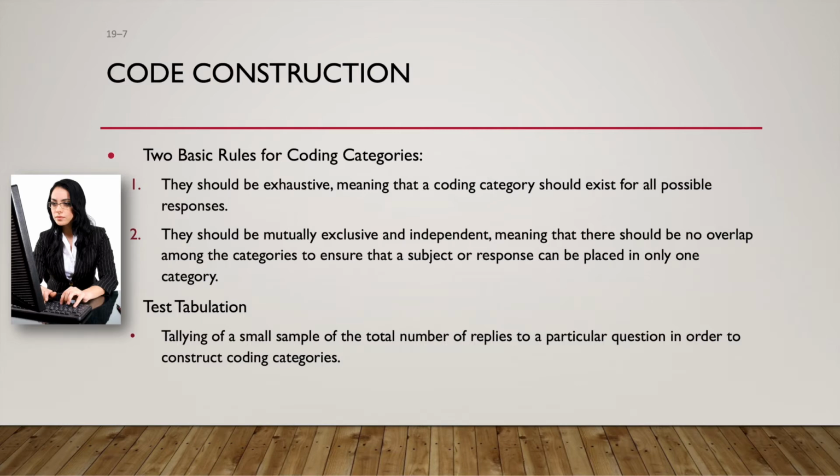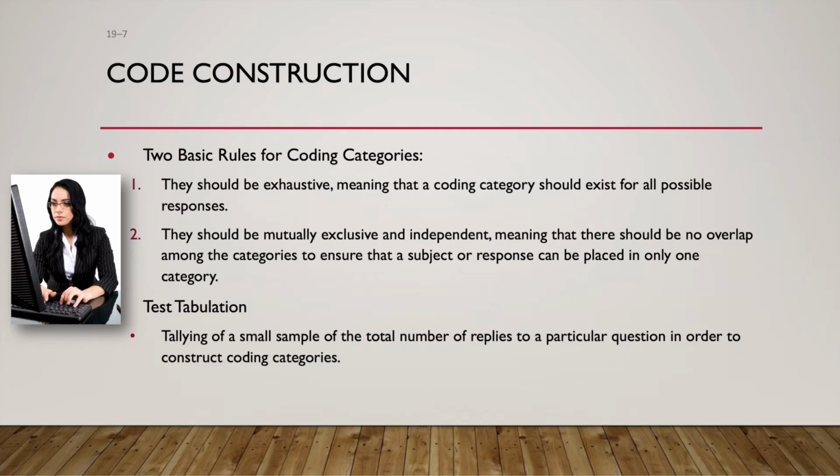Also, they should be mutually exclusive and independent, meaning that there should be no overlap among the categories, to ensure that a subject or response can be placed in only one category, and that's important. You don't want to confuse the issues. You need to have distinct variables.